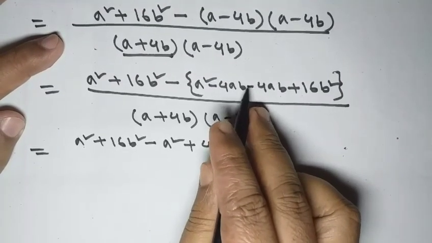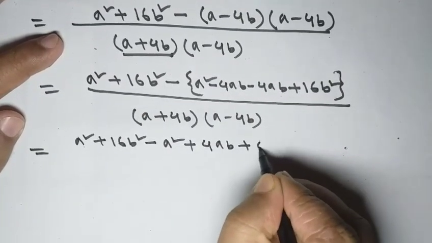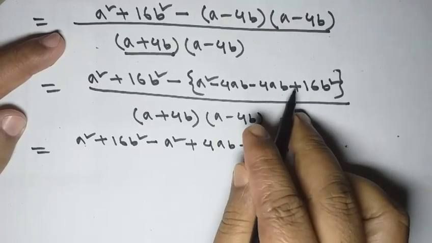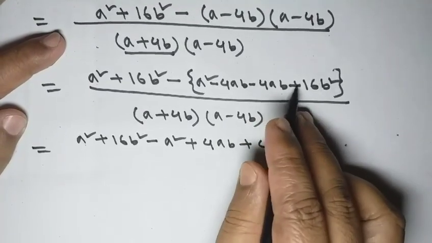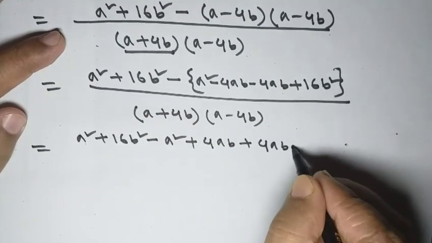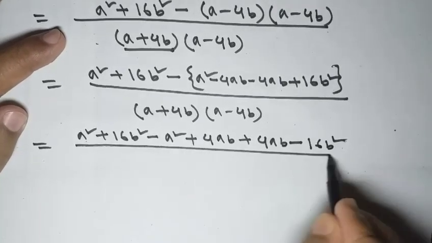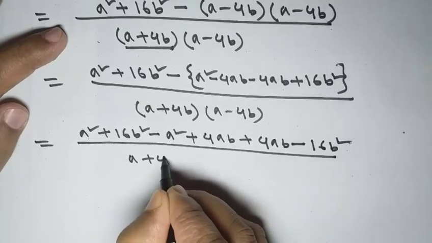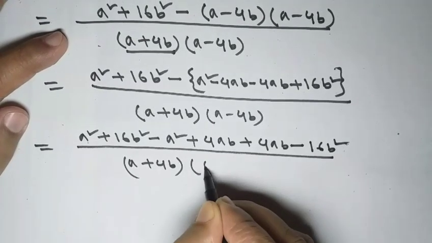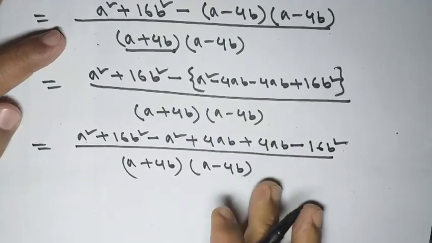Similarly here is minus minus, plus 4ab, and here is plus 16b square, so plus and minus if you multiply, we'll get minus 16b square. Then we'll write a plus 4b and a minus 4b, the LCM.